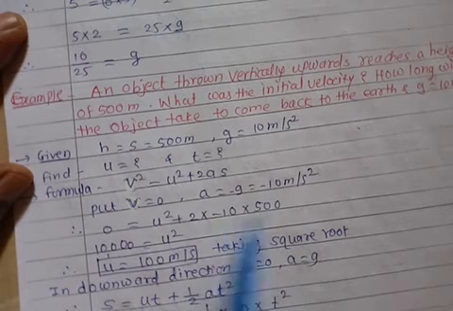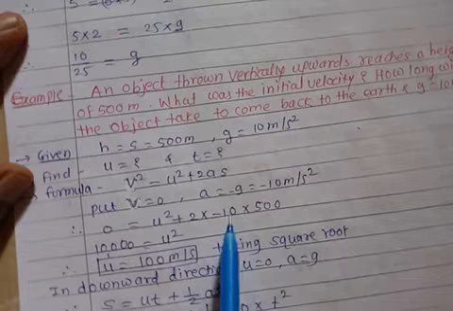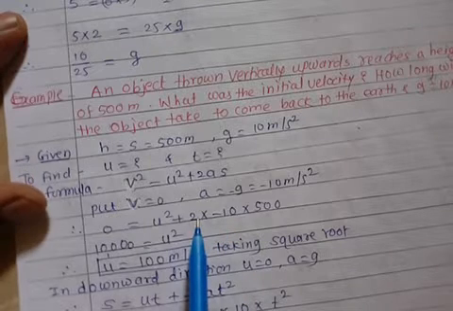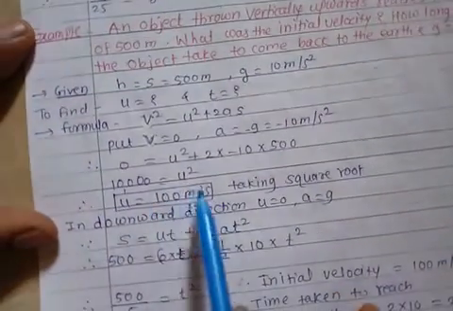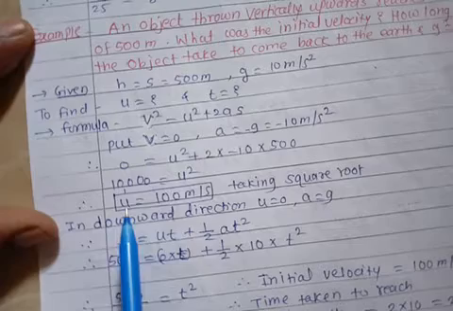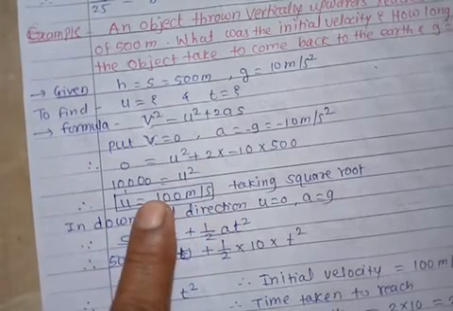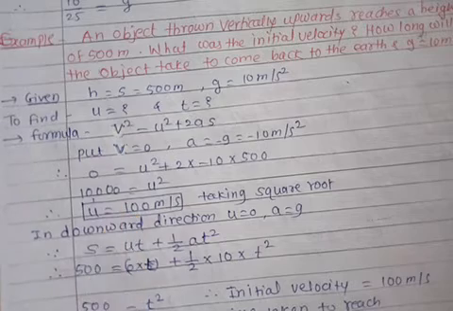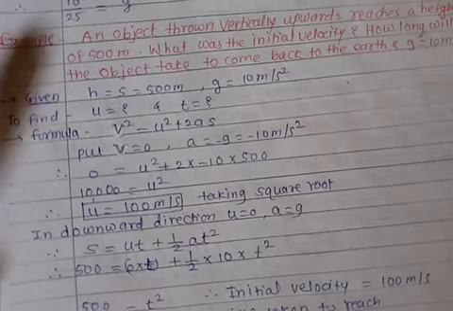That is the multiplication: 500 into 10 is 5000, 5000 into 2 is 10,000. And minus 10,000 comes here as plus 10,000. U square equals 10,000. Taking the square root, u equals 100 meter per second. That is the initial velocity. When you throw that stone or object, the initial velocity will be 100 meter per second.